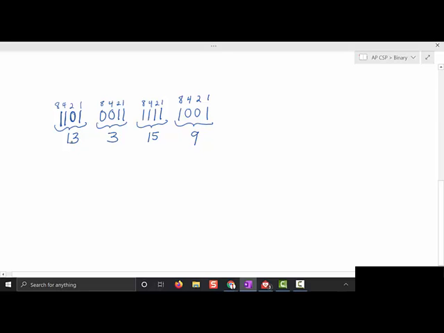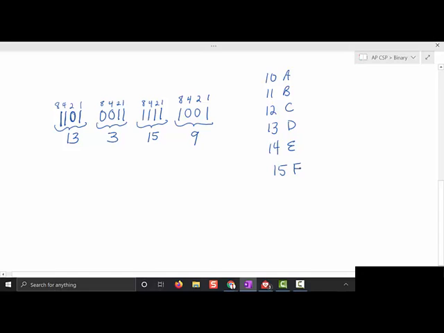Now, however, hexadecimal has a 3, it has a 9, but these have to be a single digit.